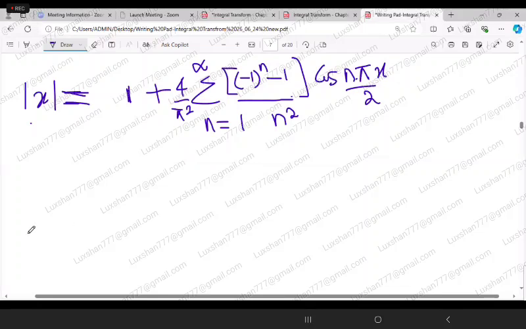Therefore, the Parseval identity says what? So now I am using the Parseval identity.